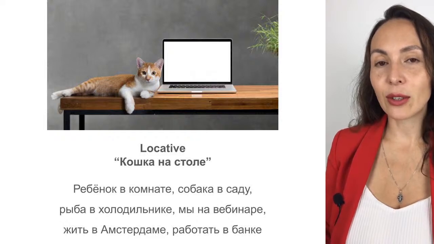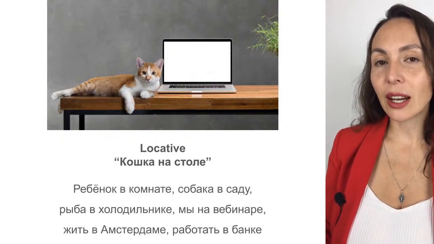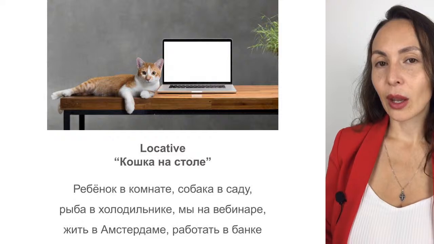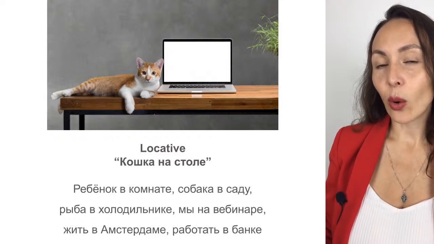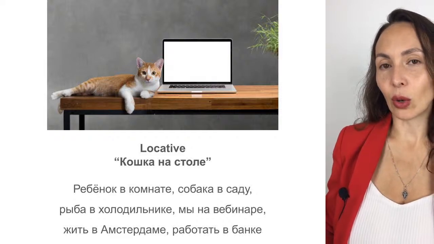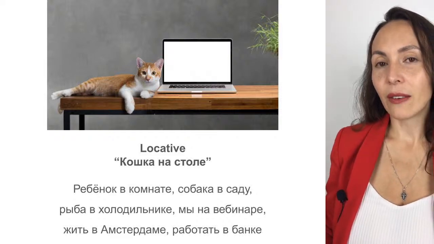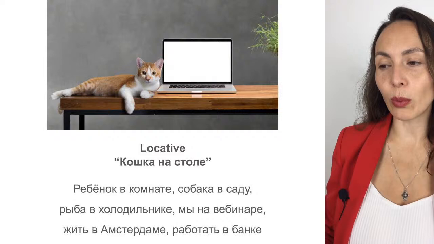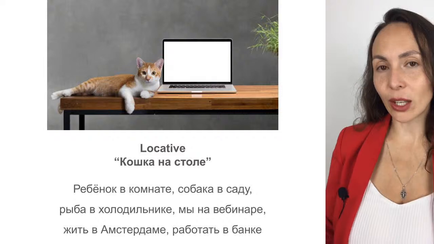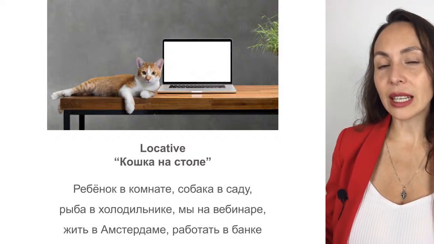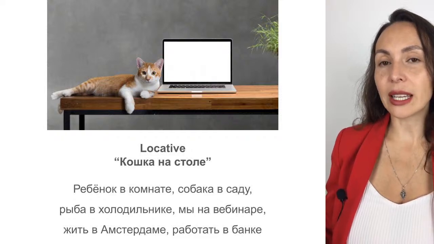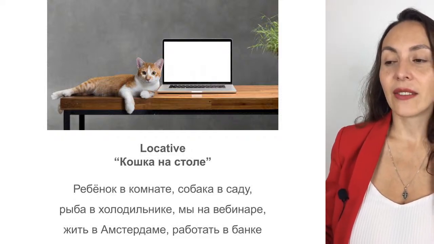Like, for example, ребенок в комнате. Where is the baby? In the room. В комнате. Ребенок в комнате. Собака в саду. It's location. Where is the dog? The dog is in the garden. В саду.